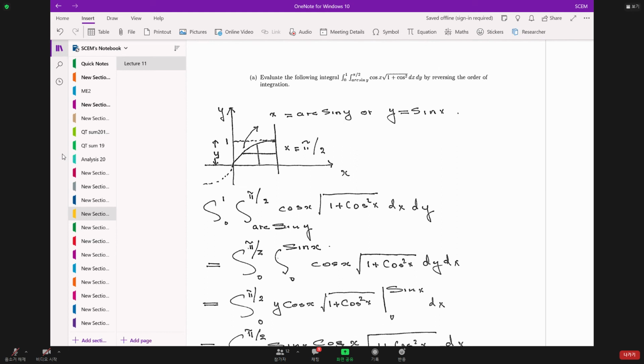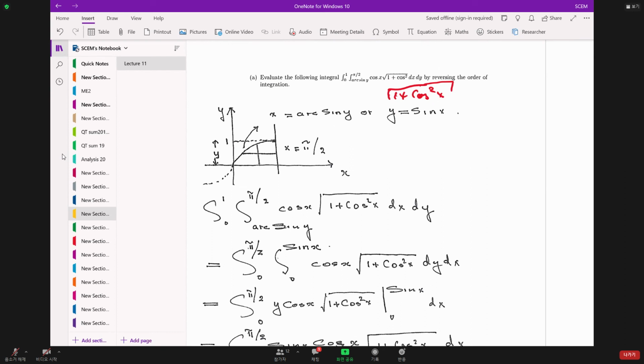Evaluate the following integral, 0 to 1, and you have to first sketch this. You have to do this by reversing the order of integration. Just trying to integrate this. Now here, actually this is x. Inside this is square root of 1 plus x squared. So that's a mistype.